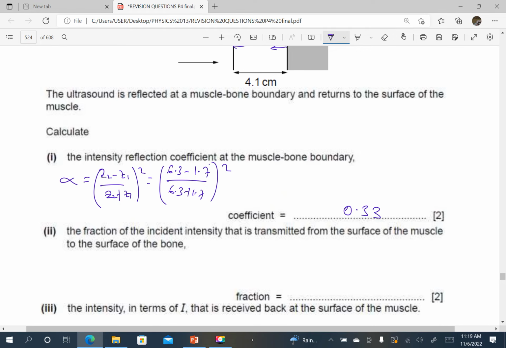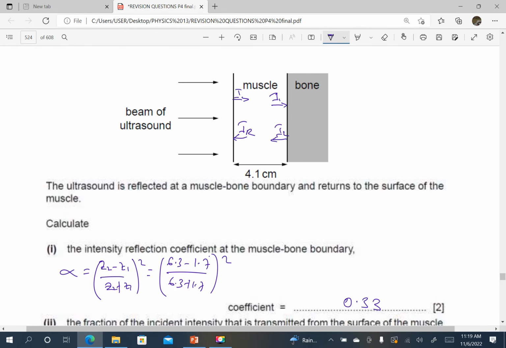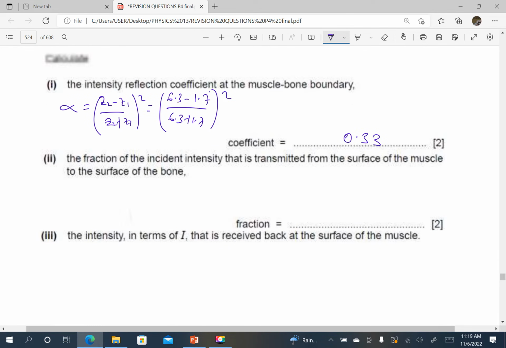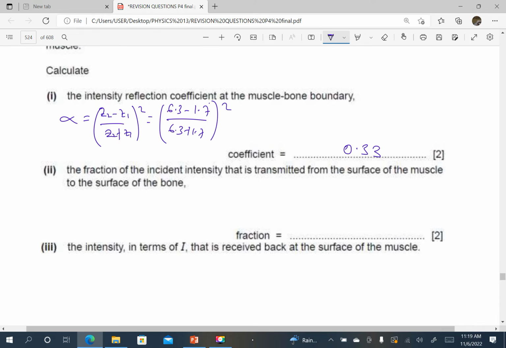Then the fraction of the incident intensity that is transmitted from the surface of the muscle to the surface of the bone. In other words, we want I1 divided by I. I1 is equal to I e power negative mu x. So the fraction I1 over I is e power negative.